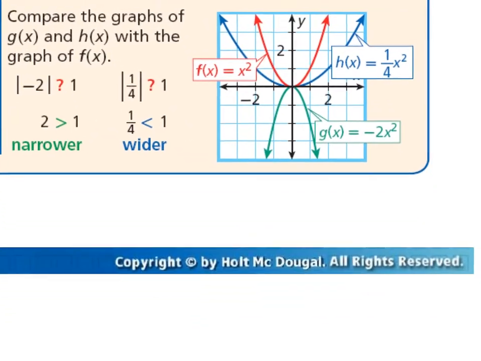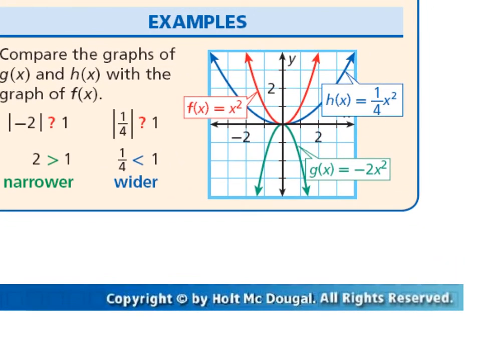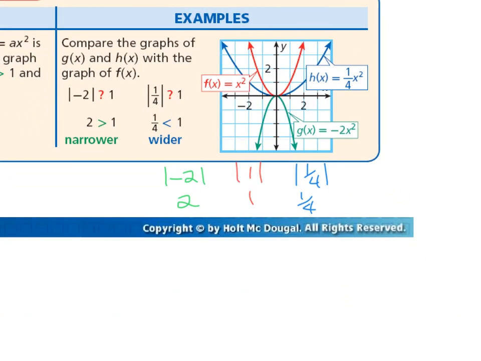So for example, on this one, notice the green is -2. I'm going to absolute value it and make it +2. Then the red one is 1. I absolute value it, it's +1. And then the blue is 1/4. If I absolute value 1/4, it becomes positive. And now if you take your numbers and order them from greatest to least, the colors of the graph are going to be from narrowest to widest.